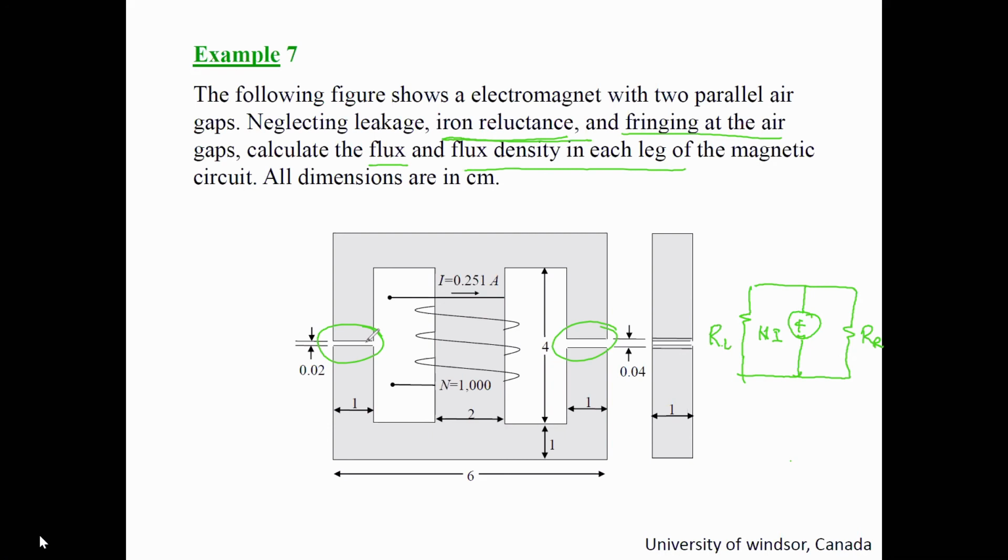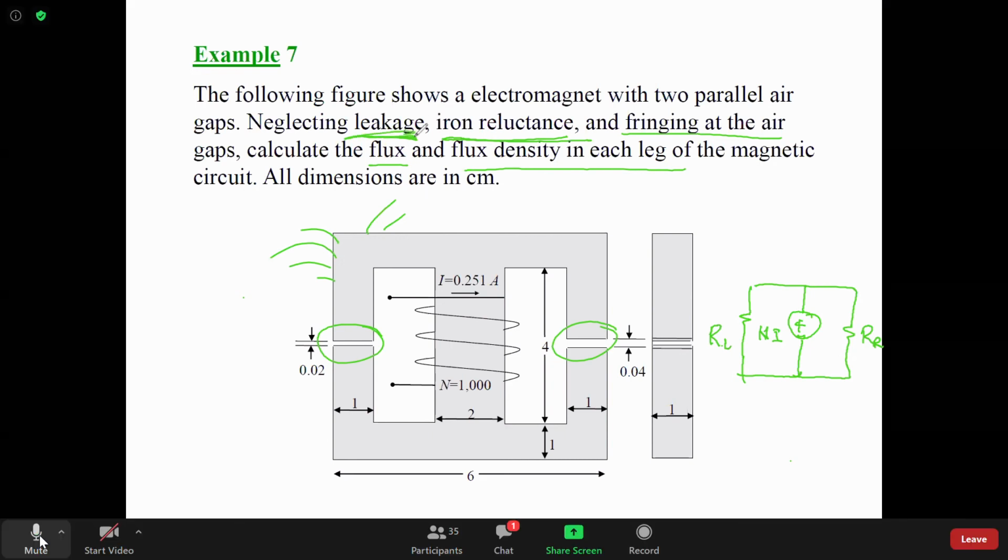We didn't. We're not neglecting the reluctance of the gap, we are counting it. What we are neglecting is the leakage, which is the magnetic field leaving the core to the surrounding air. So this is an assumption, it's not very important.